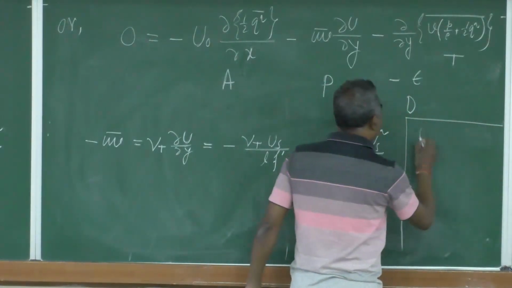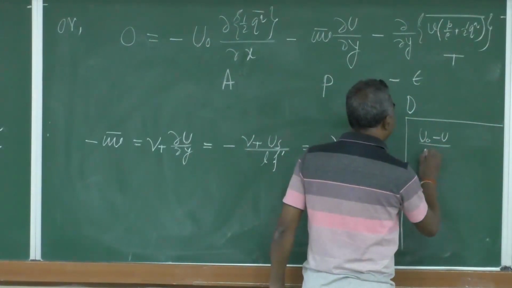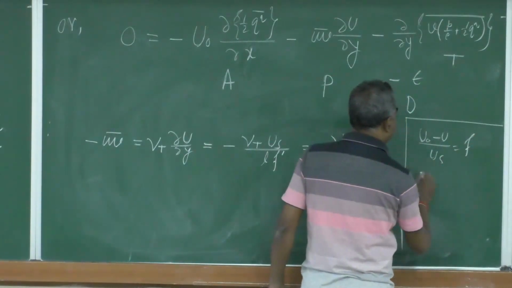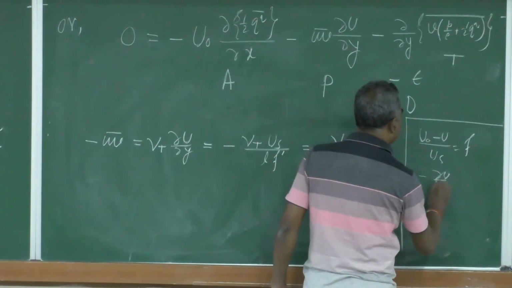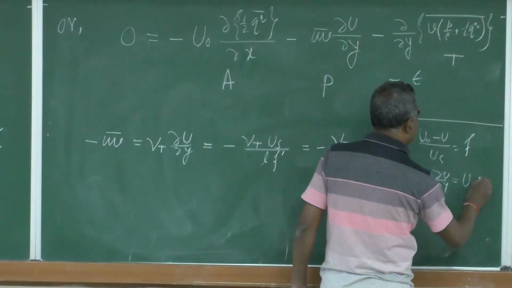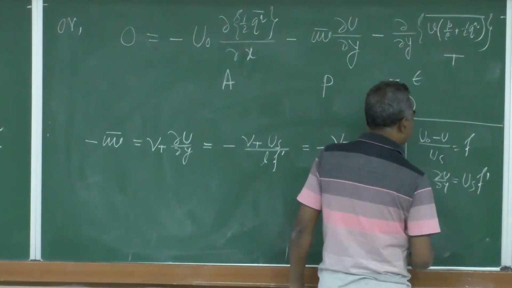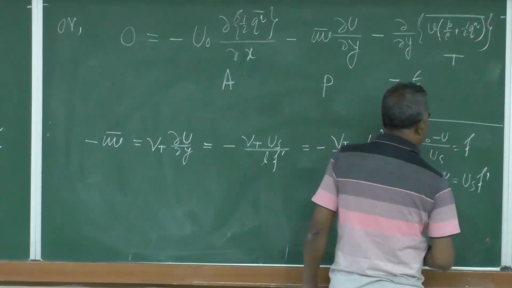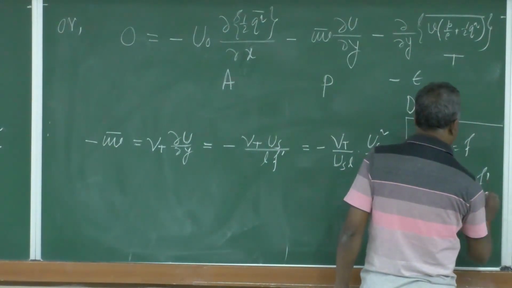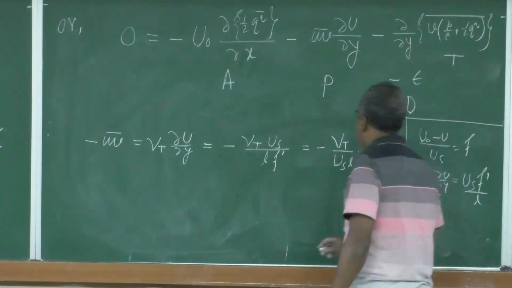So, u naught minus u divided by us f, so minus del u del y is equal to us f prime by L, right. So, this is fine.